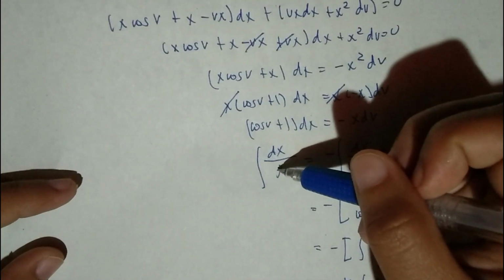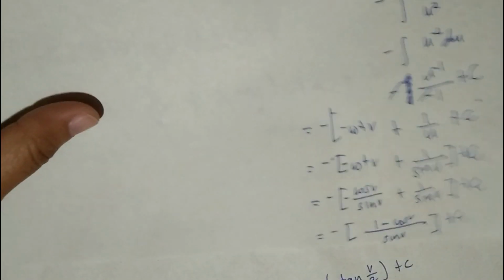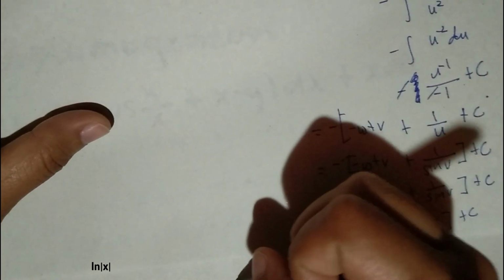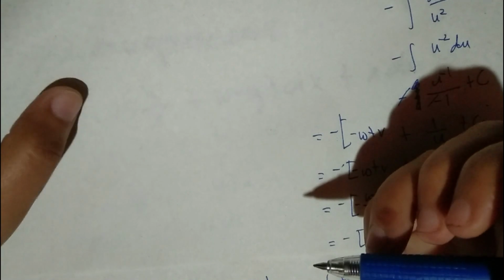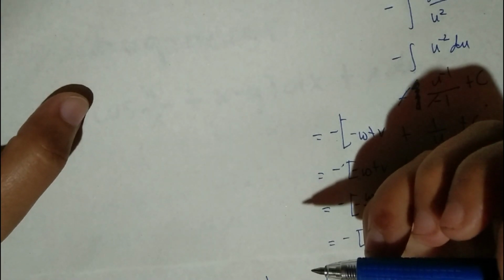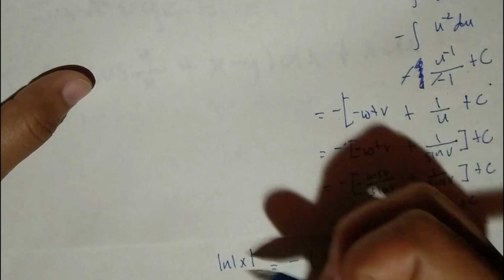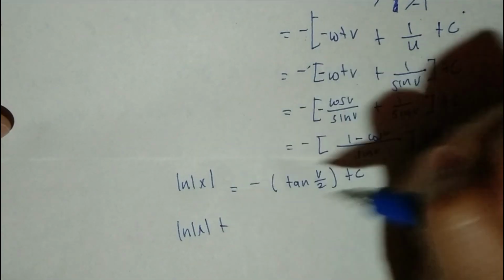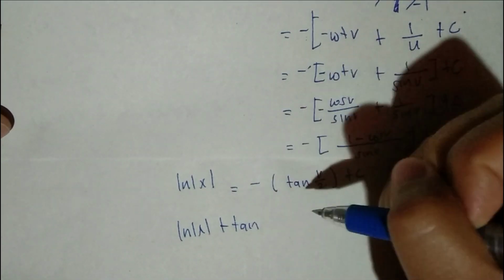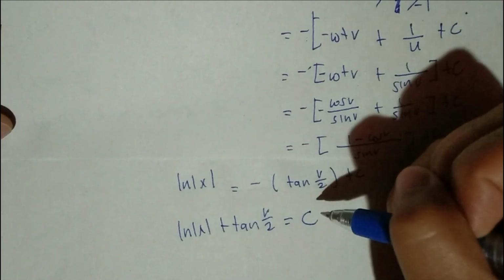The integration of dx over x, we all know, is equal to ln of x. So let us continue. This would be ln of x + tan(v/2) = c.